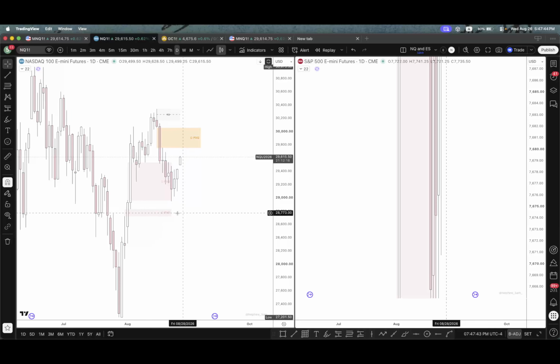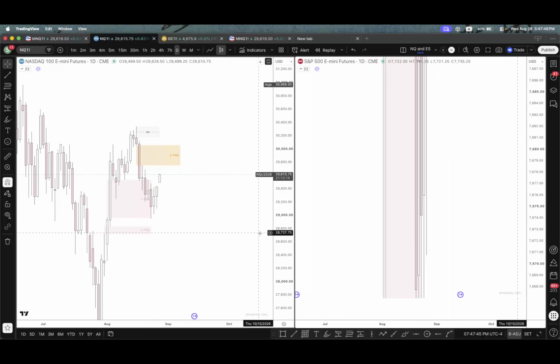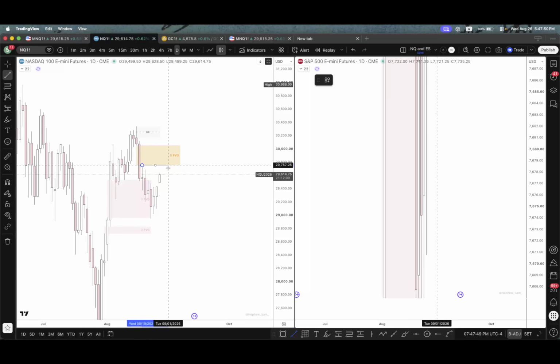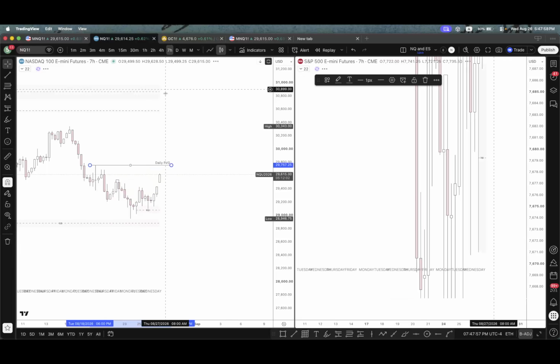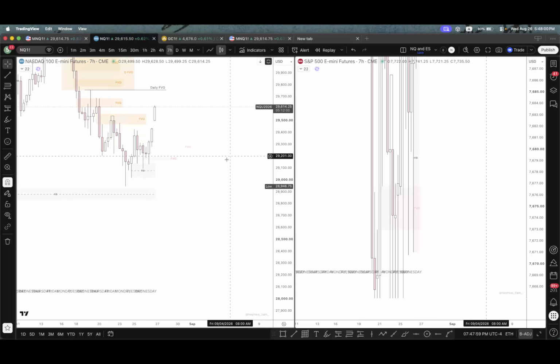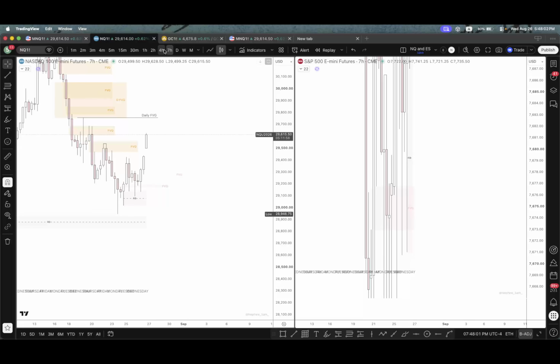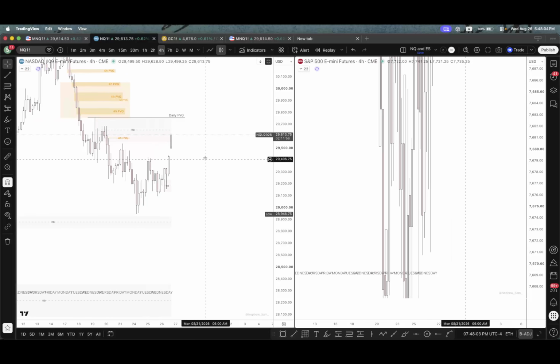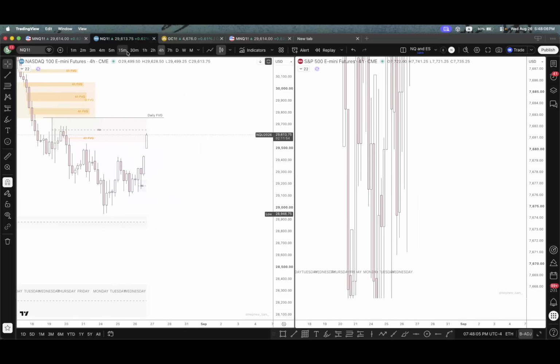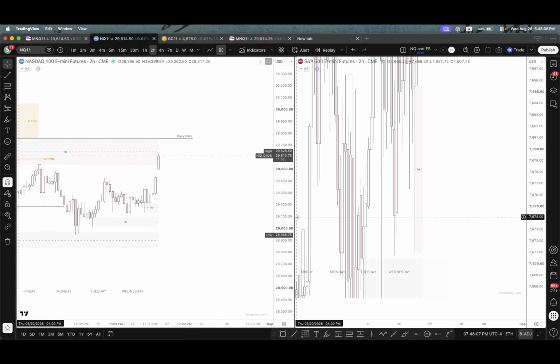I don't think we're reaching here anytime soon, so probably just bullish until we tap this. So this is our DOL, right? The liquidity right here. Let's go 7 hour, same thing, pretty bullish. 2 hour, bullish.